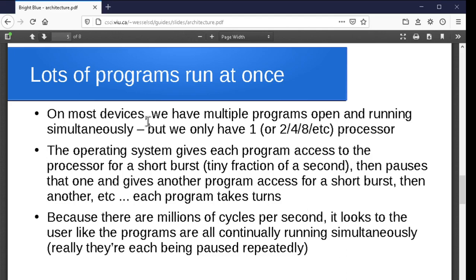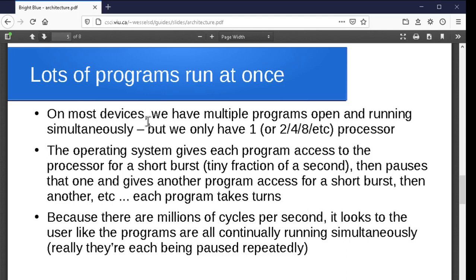So the idea is that the operating system goes and gives each program a short burst of activity on the processor. So it grabs program A that's pseudo running and gives it a fraction of a second on the processor. And then it pauses program A, stores its information away in memory someplace, and grabs program B and gives it a fraction of a second on the processor.